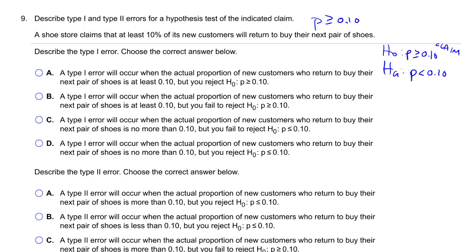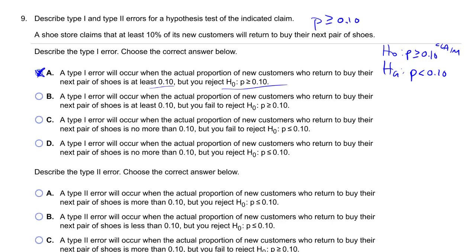If we're going to make a type 1 error, that means we rejected the null hypothesis when it was true. So it's true that the proportion of new customers returning was at least 10%, but we rejected it. That's actually A here.